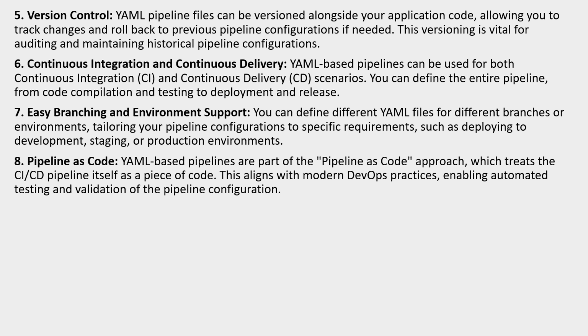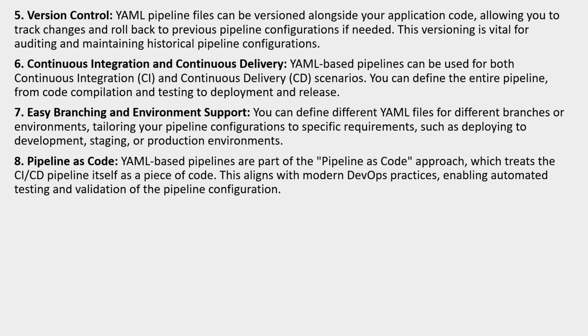Continuous integration and continuous delivery. YAML-based pipelines can be used for both continuous integration, CI, and continuous delivery, CD scenarios. You can define the entire pipeline from code compilation and testing to deployment and release. Easy branching and environment support.